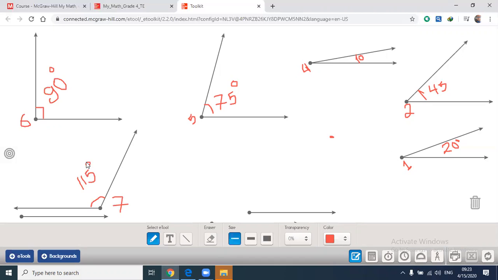Now you have the answers from number 1 to number 7. You can watch the video again and stop it, and then use your protractor and ruler to check your answer after you finish this session.